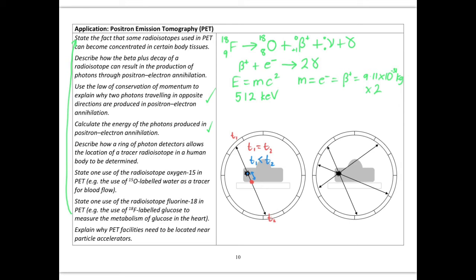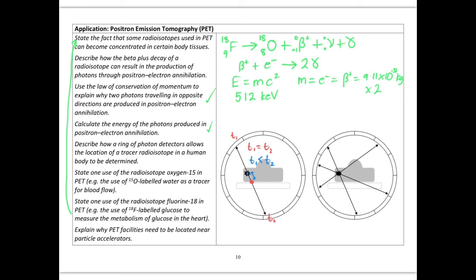So, the scan is done over, I'm not sure, I don't remember exactly how long, but it's done over an extended time period. You get lots of these positron-electron emissions occurring, and it allows you to build up a picture of that area where glucose is being used at a much faster rate, which is quite likely to be a tumour of some description.